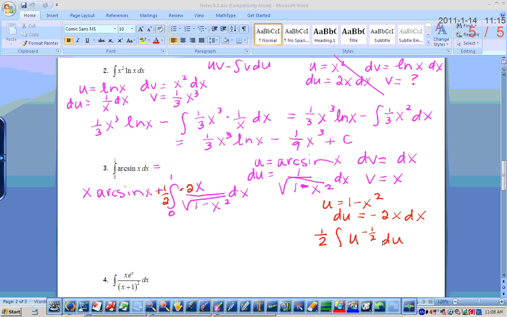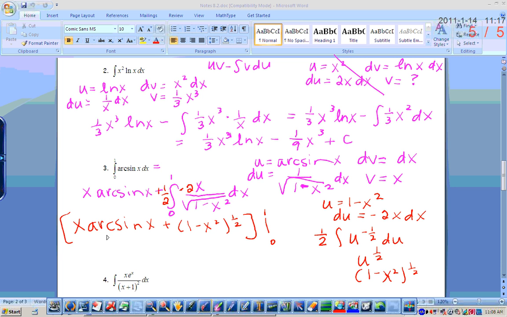So integrating u to the negative 1/2 is 2u to the 1/2 times 1/2, so just u to the 1/2, which would be 1 minus x squared to the 1/2. So x arc sine x plus 1 minus x squared to the 1/2.